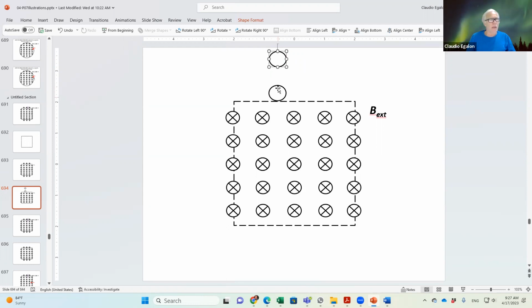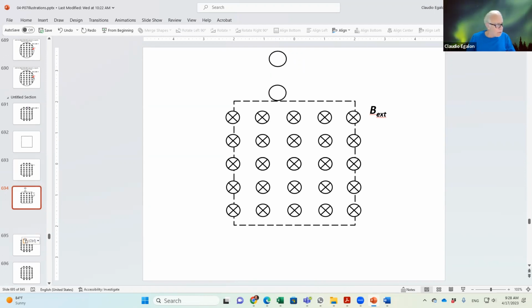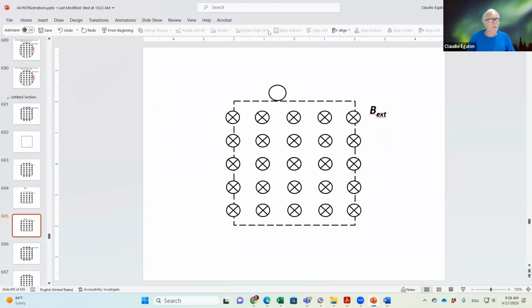From here to here, there is no change in the flux whatsoever. I'm going to even animate it for you. The first one is here. The second one is here, right? From here to here, there's no change whatsoever in the magnetic flux.